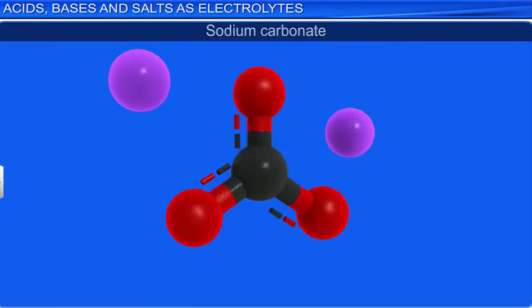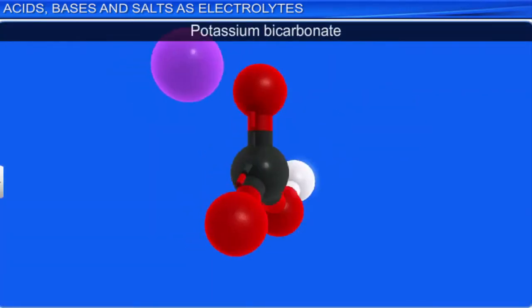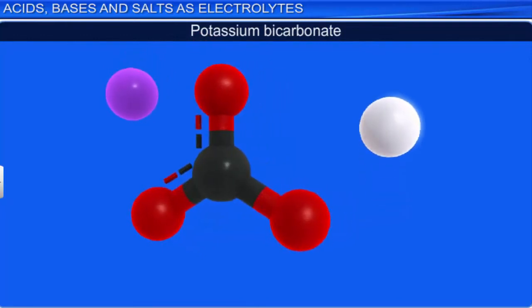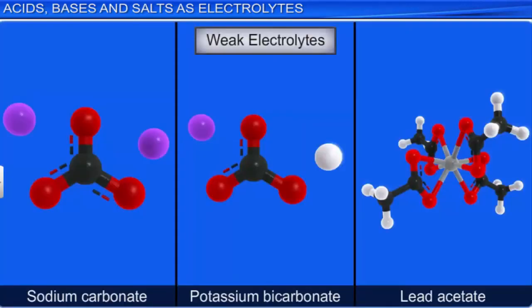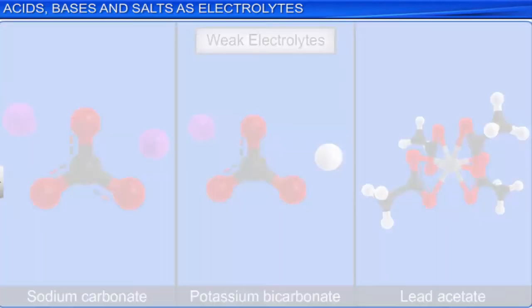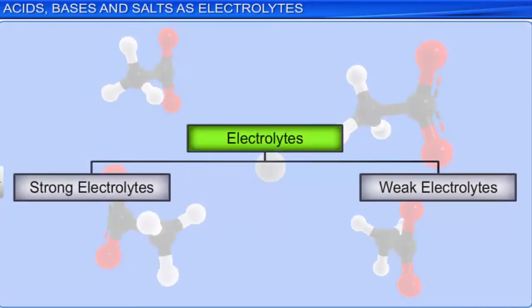Whereas sodium carbonate, potassium bicarbonate, and lead acetate are weak electrolytes, as the extent of dissociation is less in their solutions. Thus, based on the degree of dissociation, electrolytes are classified as strong electrolytes or weak electrolytes.